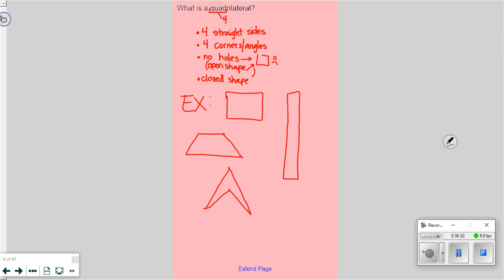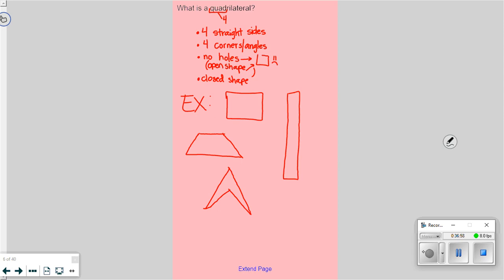All right, Huxley, what's your evidence for yes? It does have 4 straight sides. Has 4 corners. They're in weird places, but they are there. And it is closed. If it follows all those rules, is it a quadrilateral?